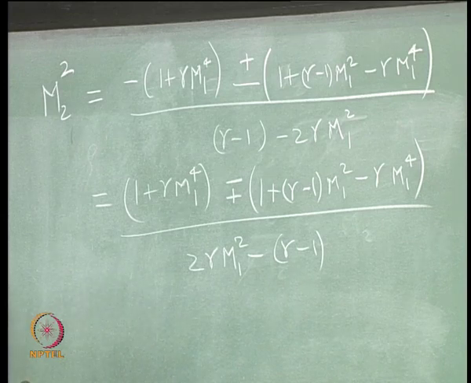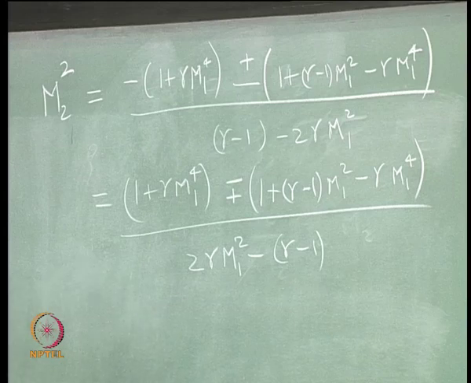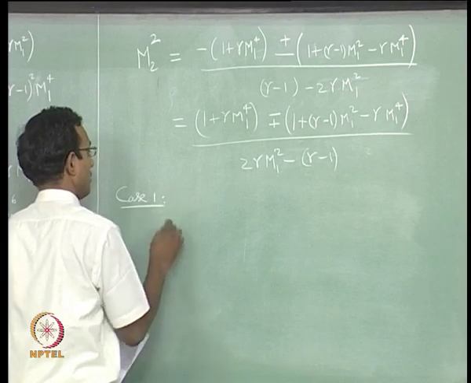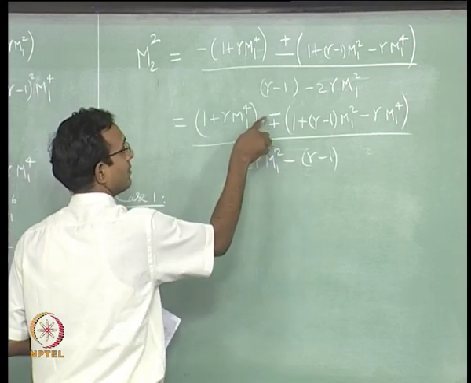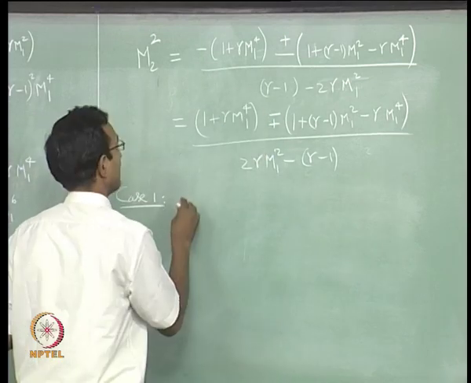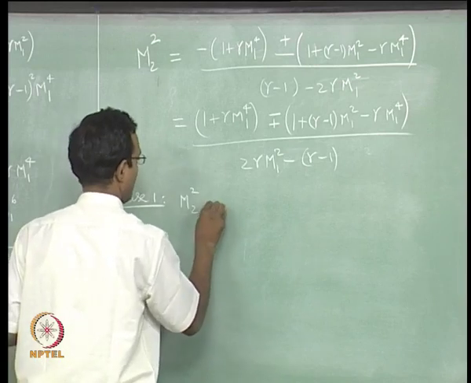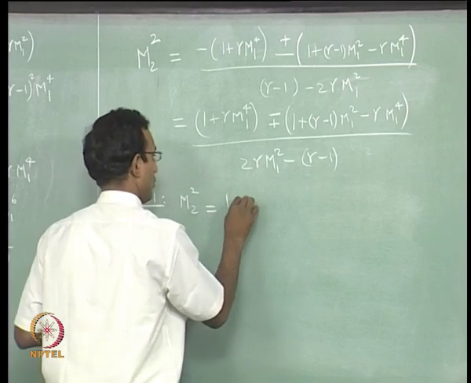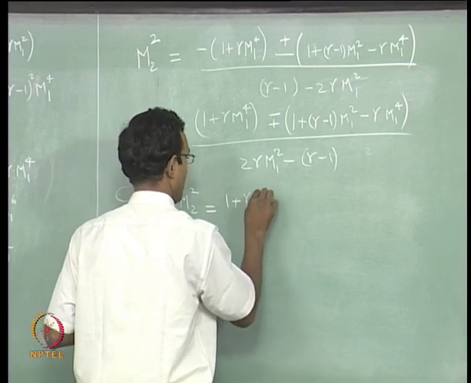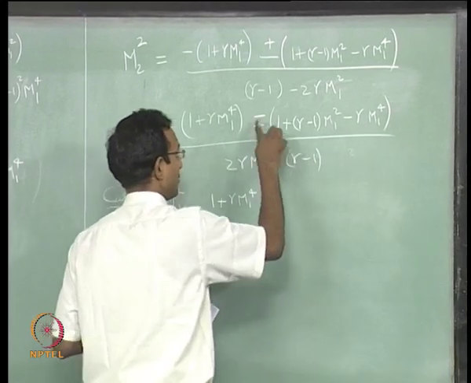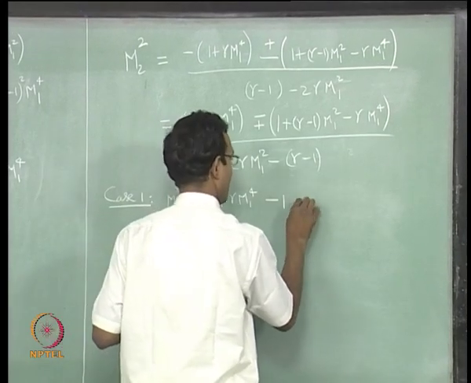Now we have 2 cases we have to solve for. Let us pick case 1. Case 1 I will pick the first sign, let us say I will pick the minus sign. m2 square is going to be equal to 1 plus gamma m1 power 4 minus, I will rewrite the whole thing, so I will just multiply with minus 1 in each of the terms.